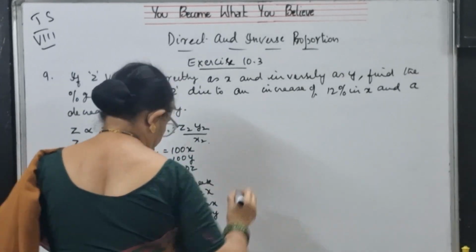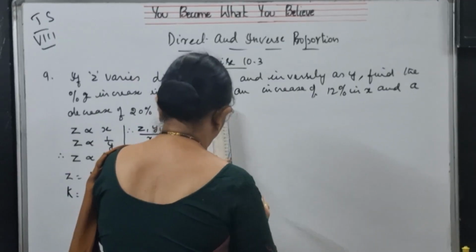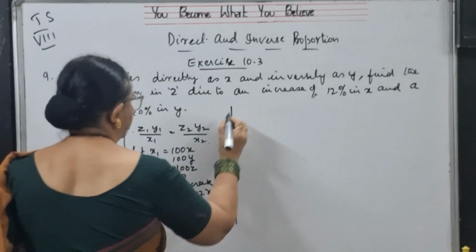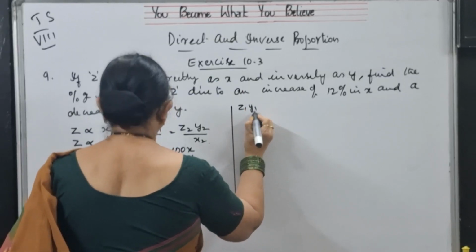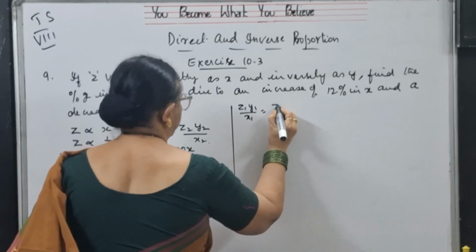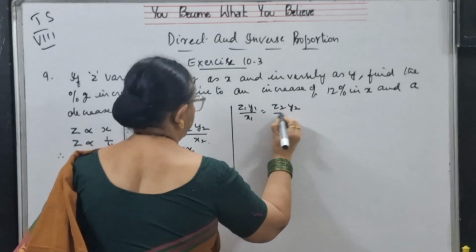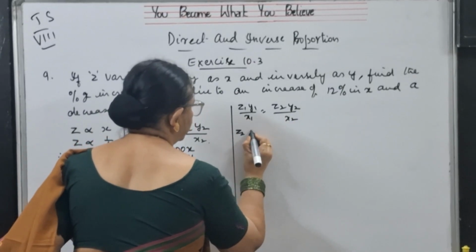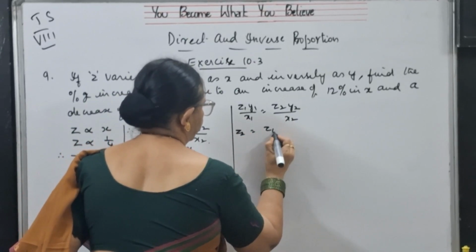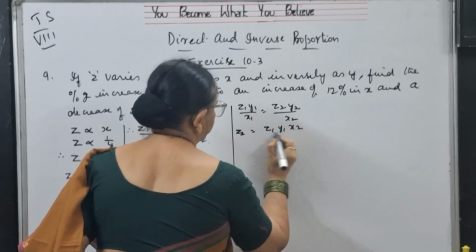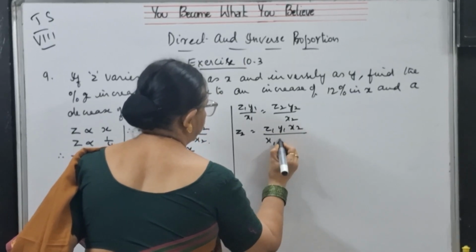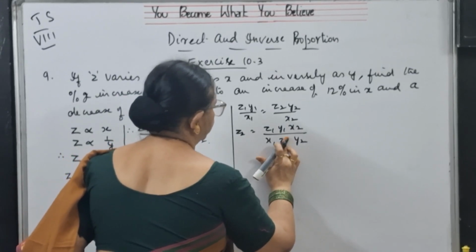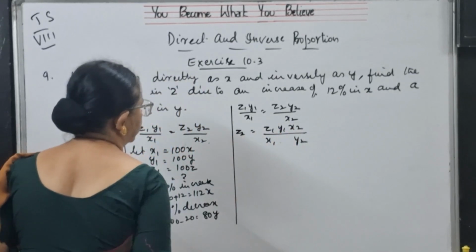So we need to substitute these values. Z1 y1 by x1 is equal to z2 y2 by x2. We don't know what z2 is, so take z2 as the subject. Z2 is z1 y1 x2 by x1 y2.